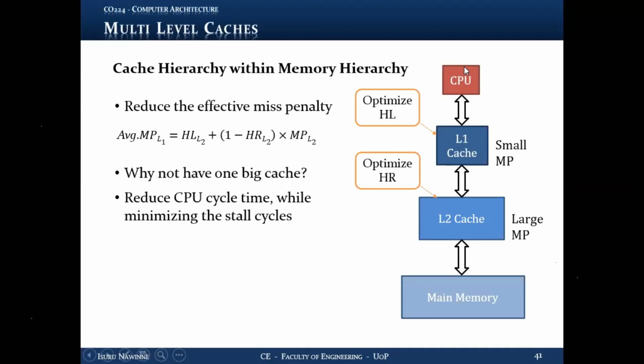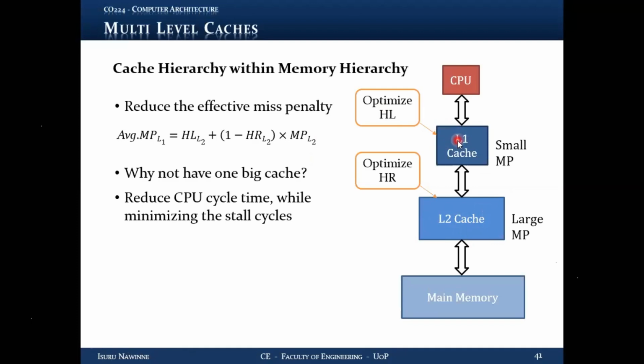Level 2, yes. Level 2 is likely to have higher associativity because you implement higher associativity to get better hit rate, right? With higher associativity, you get higher hit latency as well, but you get a better hit rate. But what we really need at level 2 is better hit rate rather than better hit latency. Better hit latency is needed at level 1.